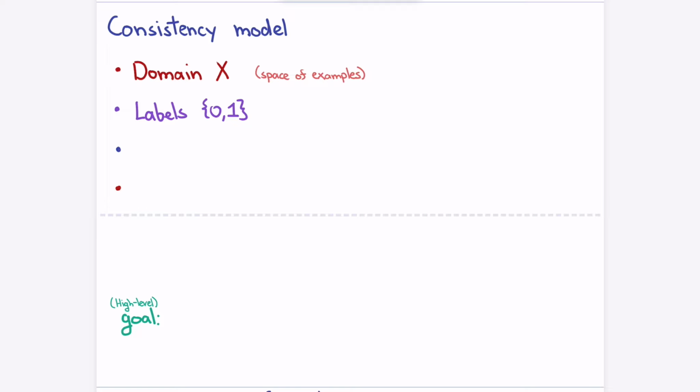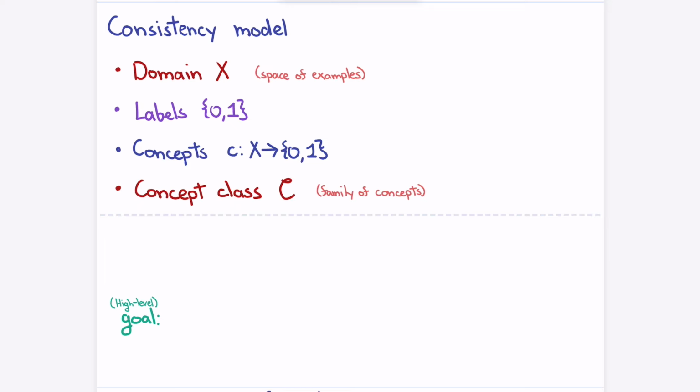And so in the consistency model, you're going to assume there's some underlying set of concepts. These are functions that assign labels to examples, from some fixed class. You could study any possible labeling, or you can restrict it.